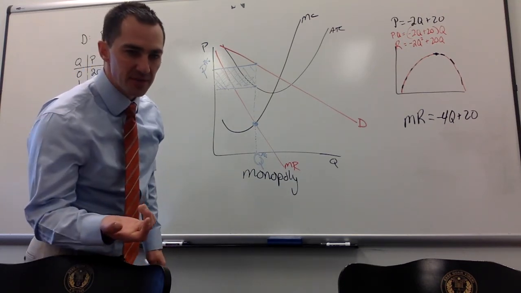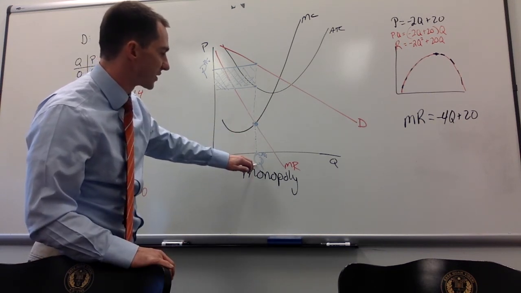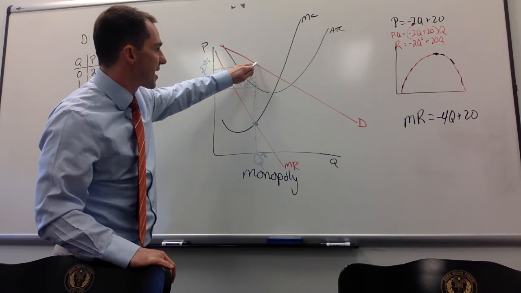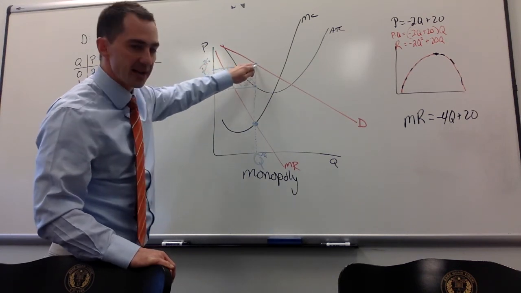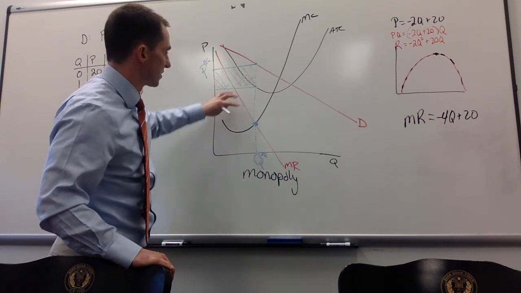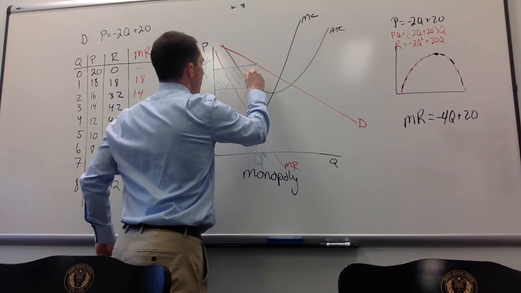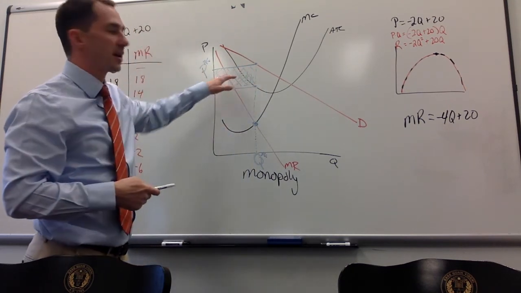And then we use the same fundamentals from perfect competition. We set marginal revenue equal to marginal cost to find the quantity. Go all the way up to the demand curve to see what price we should set. Determine our profit by looking at the big revenue rectangle, subtracting the total cost rectangle, and we have a monopoly making a lot of profit.